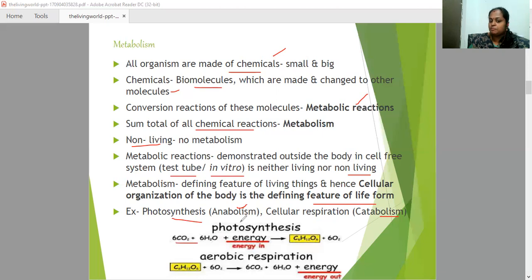Here the simple compounds combine to form a more complex one, that is a glucose molecule plus oxygen. So it is an anabolic reaction. And in aerobic respiration, the complex product is breaking into simpler substances. So it is a catabolic reaction. These two are examples to show that metabolism is a defining feature of living organisms and it is not seen in non-living things.